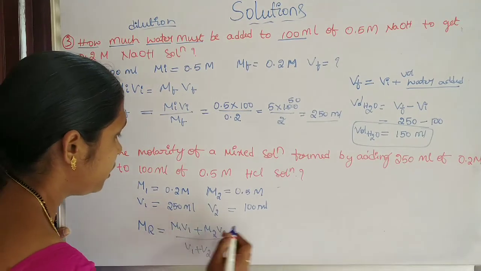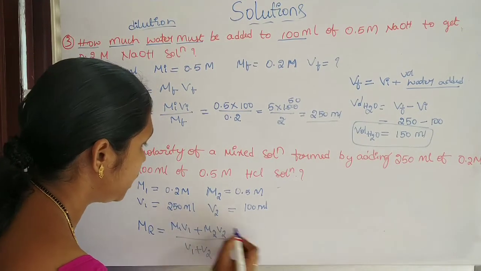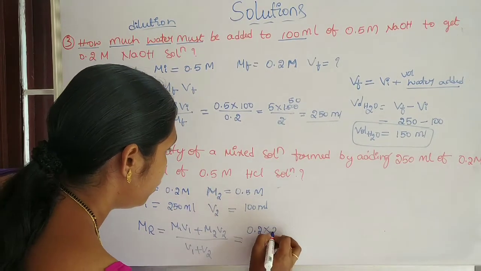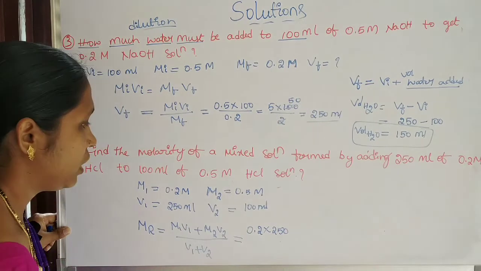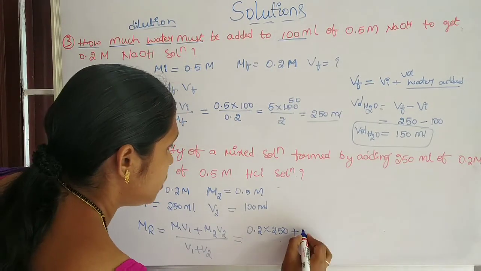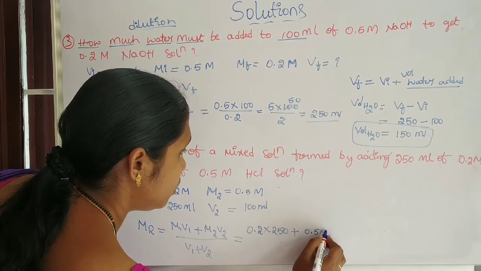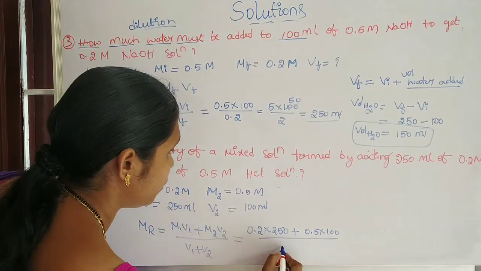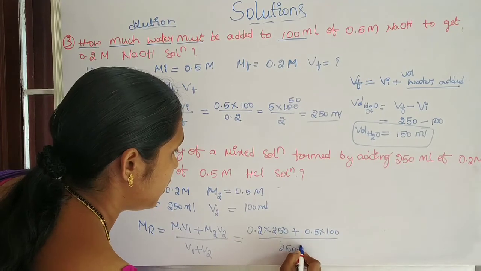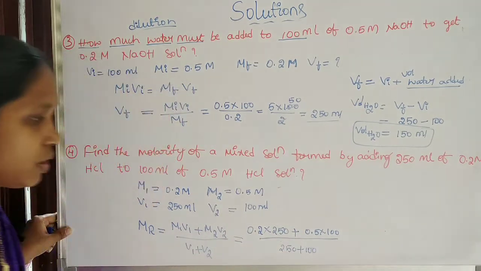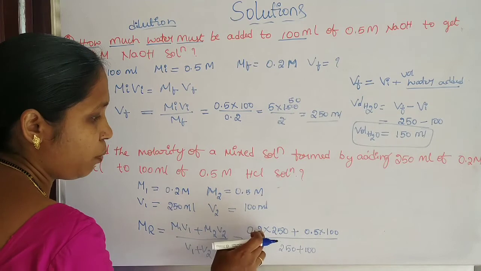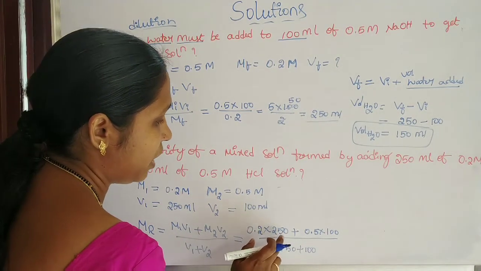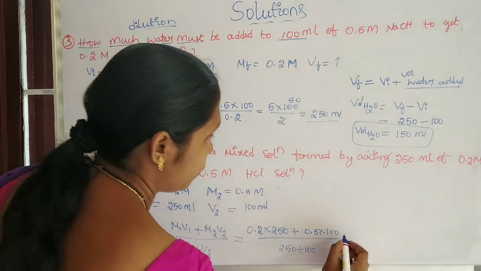So that resultant molarity equals 0.2 into 250 plus 0.5 into 100 divided by V1 plus V2, which means 250 plus 100. 0.2 means 1 by 5, so 250 by 5 and 100 by 2.